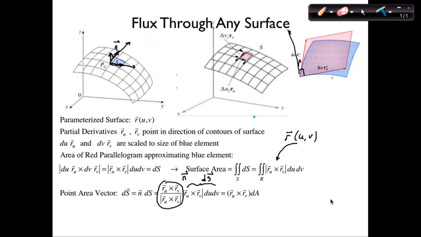Remember, sometimes that's x and y, sometimes that's r and theta, sometimes that's y and z. So therefore, the flux is the double integral over S of F dot dS. So that's going to be F dot, and we just found out what dS was, so it's going to be F dot dS right there.